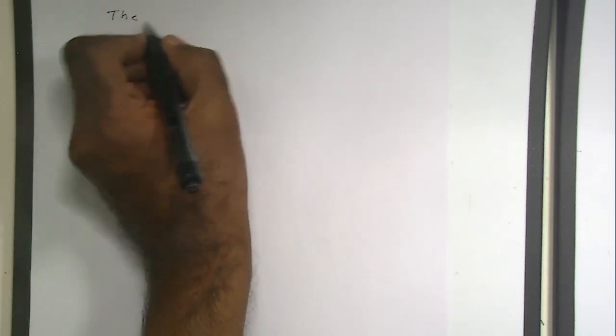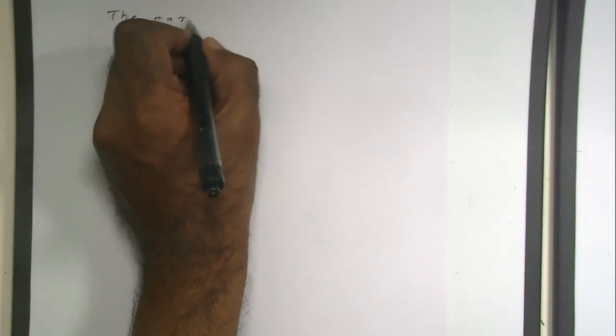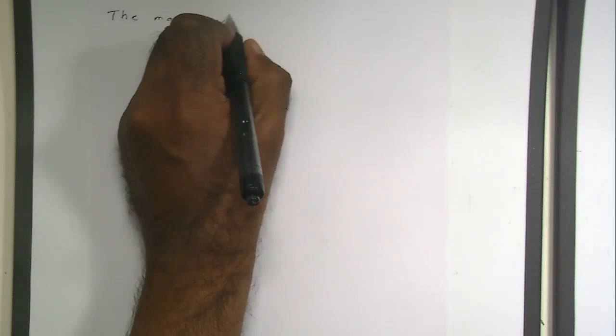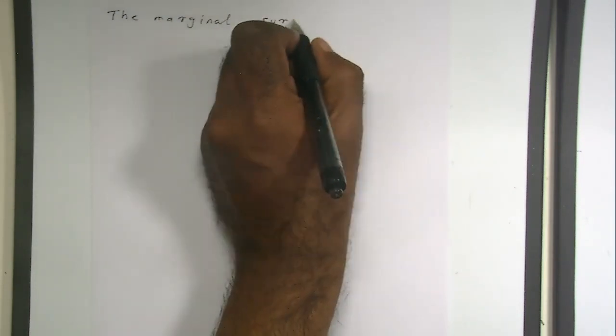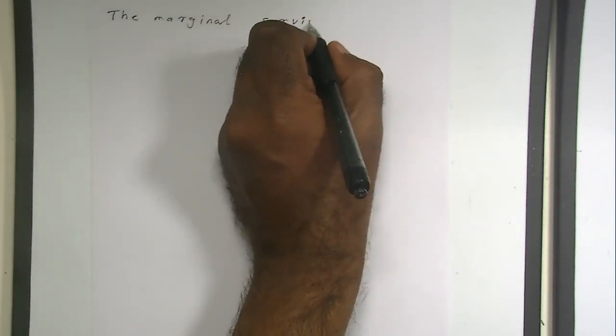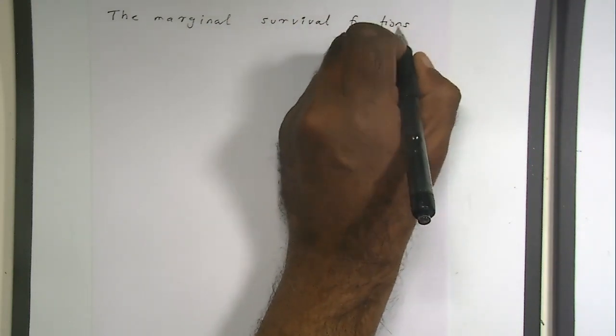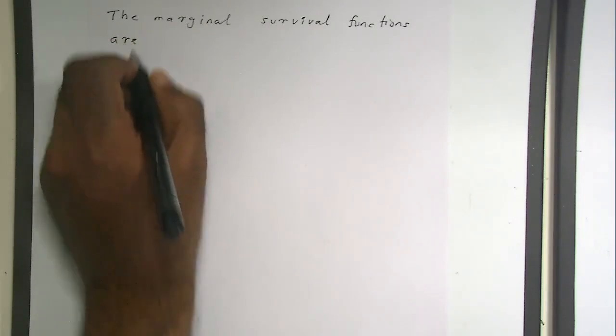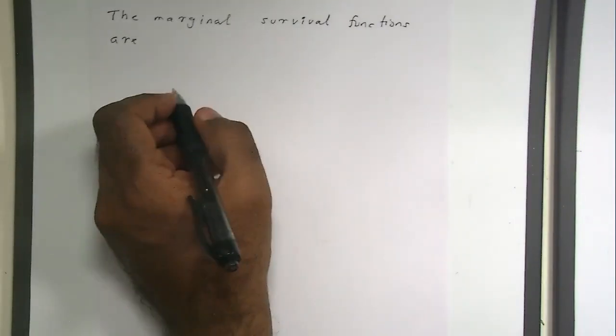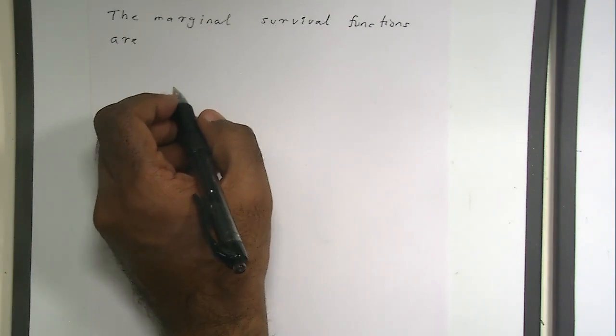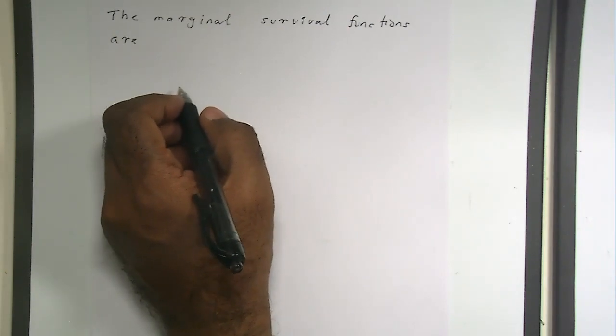One other thing is this: the marginal survival functions are as follows. This is the joint survival function, this one here.